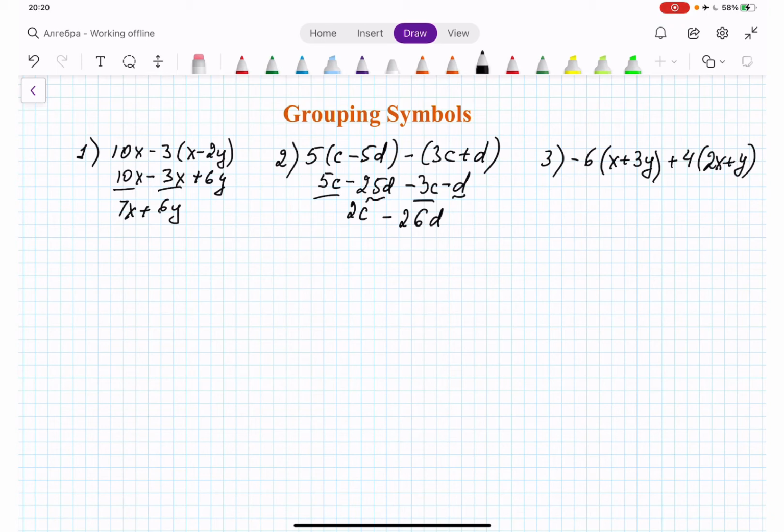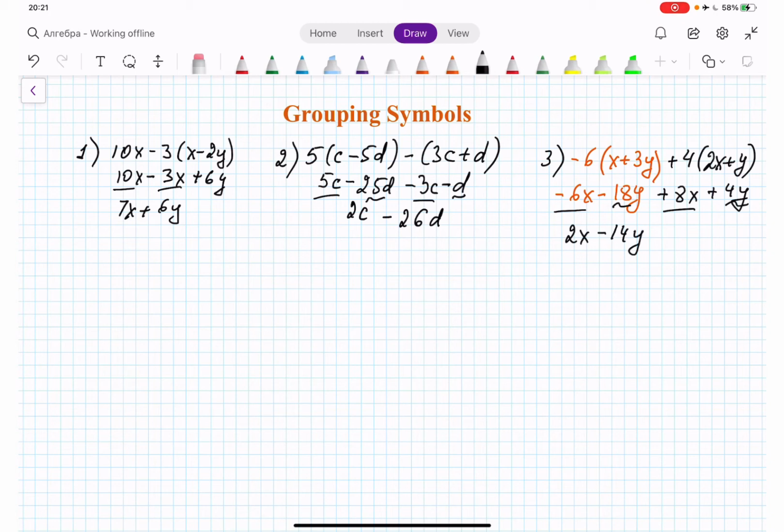Okay, so let me color it so we can see which one is what. All right, it's going to be negative 6x minus 18y plus 8x plus 4y. Negative 6x plus 8x, it's going to make 2x. Negative 18y plus 4y is minus 14y.